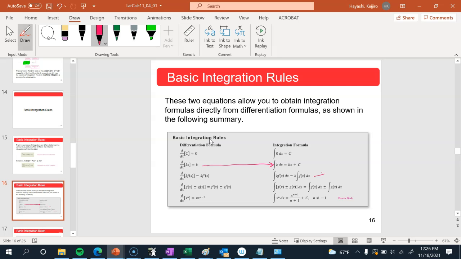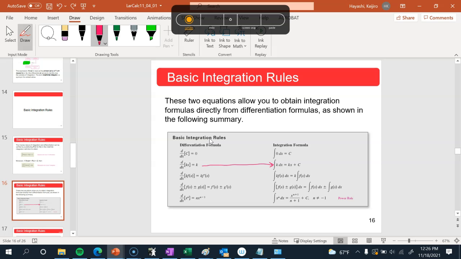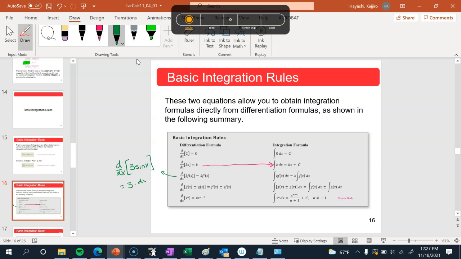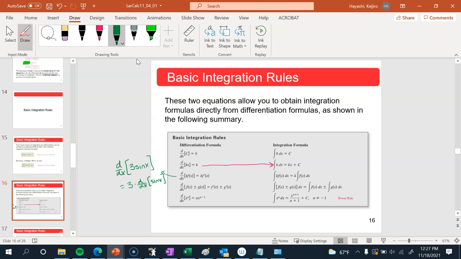So, for example, in the same way that the derivative of three sine of x, you can take that 3 out of there, and then you can say, okay, well, the derivative of sine of x is cosine, so the derivative is 3 cosine of x.